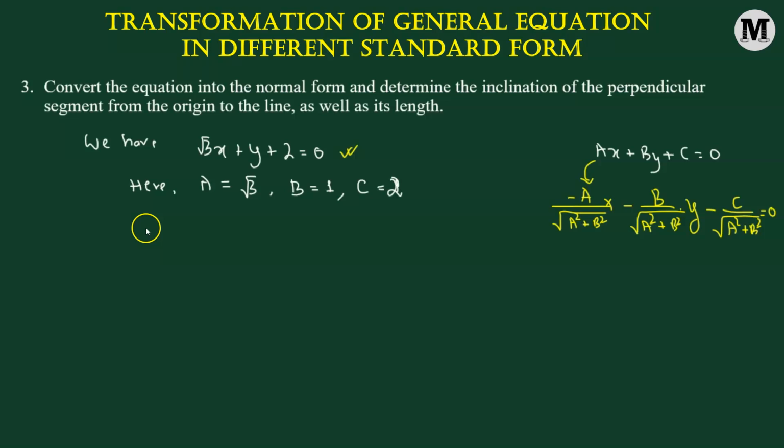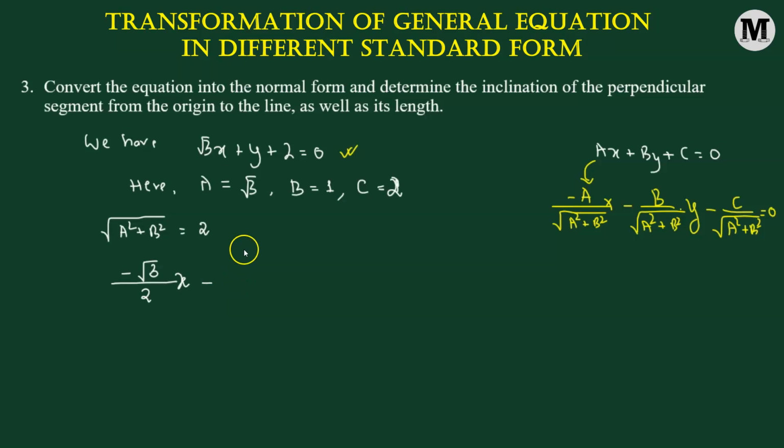form. For this, what we need is the square root of a squared plus b squared. Since a is square root of 3 and b is 1, the square root of a squared plus b squared simply gives us 2. Now the transformed equation has negative square root of 3 divided by square root of a squared plus b squared, that becomes 2, multiplied to x.